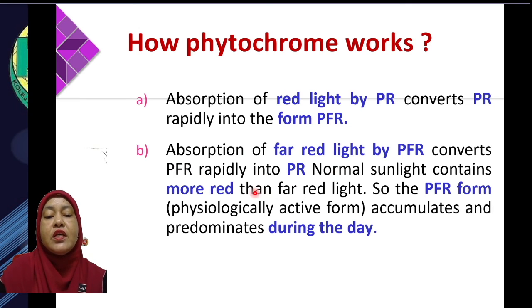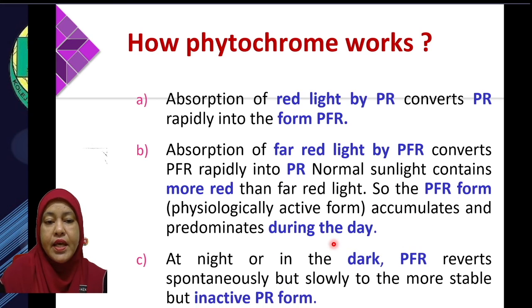Normal sunlight contains more red than far red light, so the PFR form, the physiologically active form, accumulates and predominates during the day. At night, in the dark, PFR reverts spontaneously but slowly to the more stable but inactive PR form.